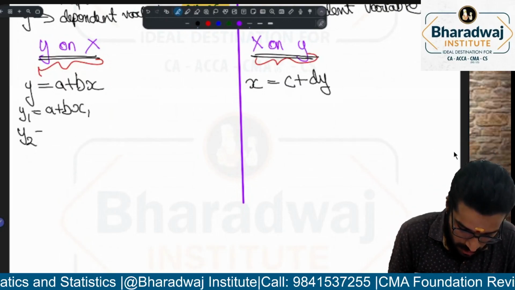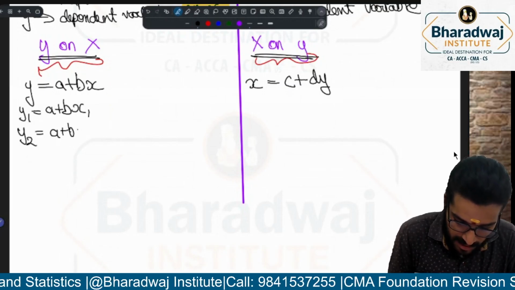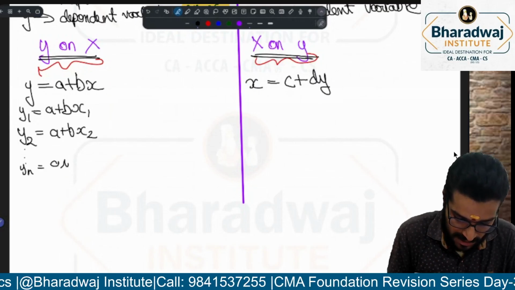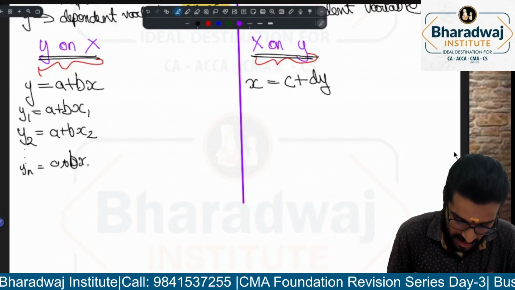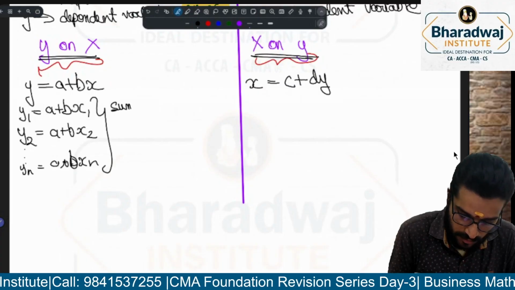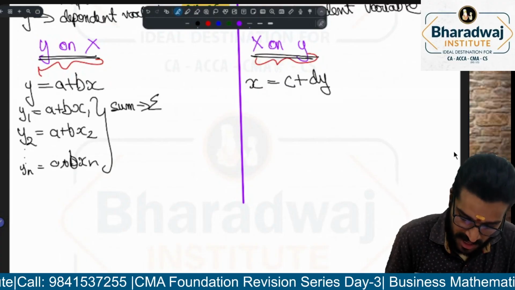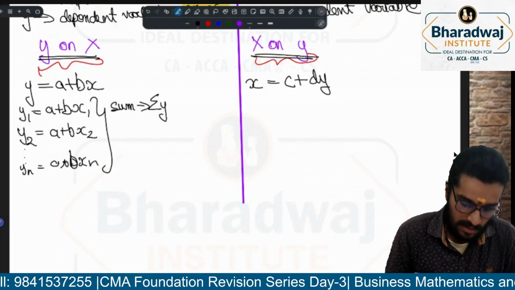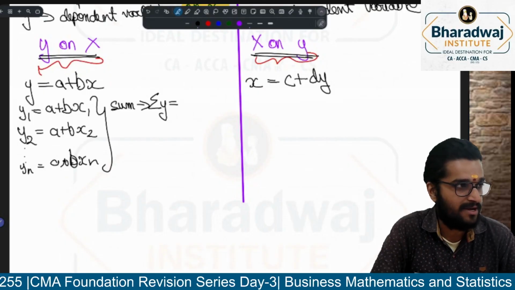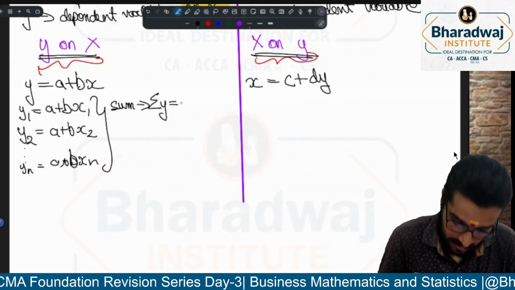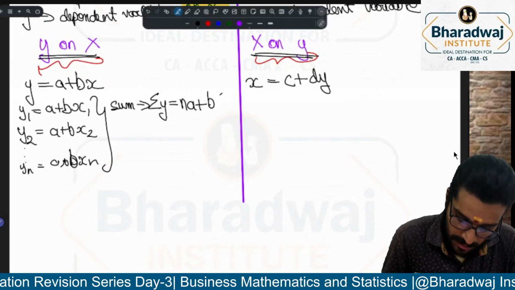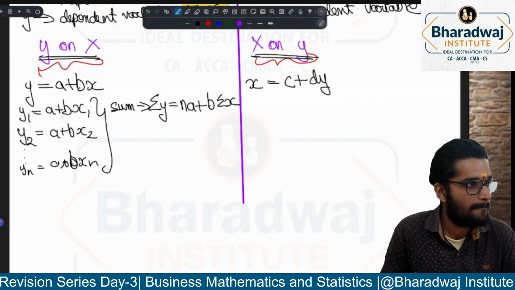Similarly, y2 equals a plus bx2, and so on, yn equals a plus bxn. The sum of these will give you summation y equals, when you add one constant number n times, na plus b times summation x. Clear?